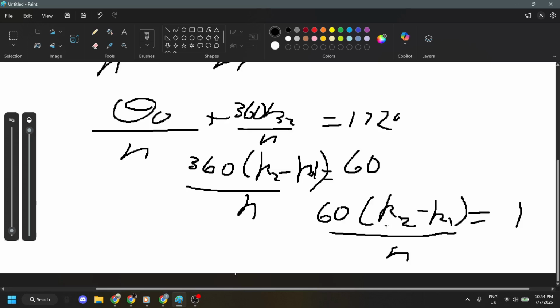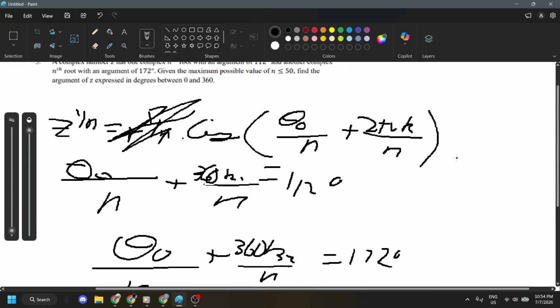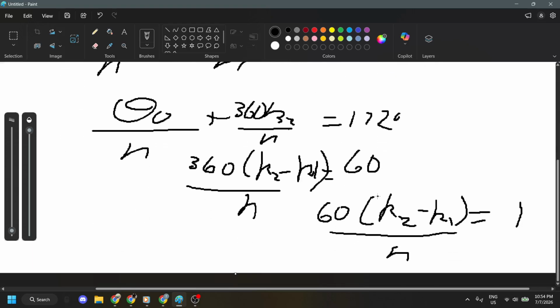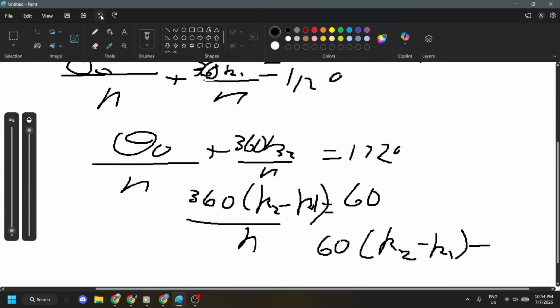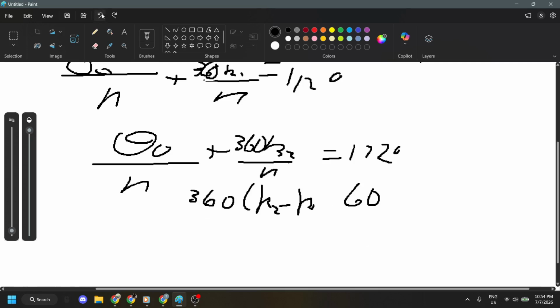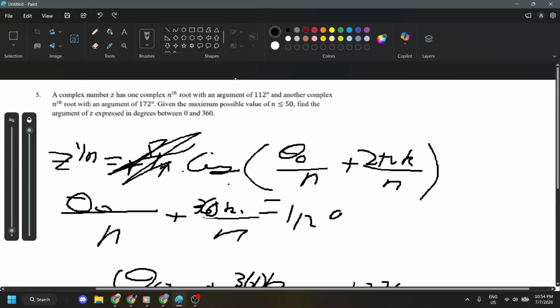N has to be divisible by 60 times k1 minus k2. So given this, k1 minus k2 is like 1/2. Because it has to be less than 50, so this doesn't make any sense. What I think is the key insight here is that it's not just 112, it's 112 mod 360.